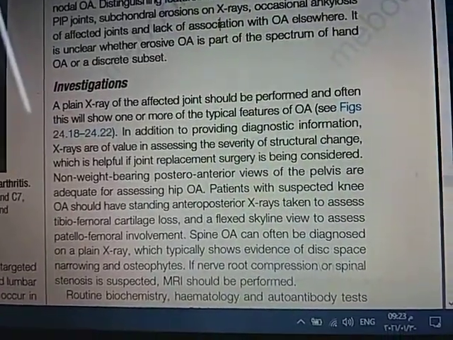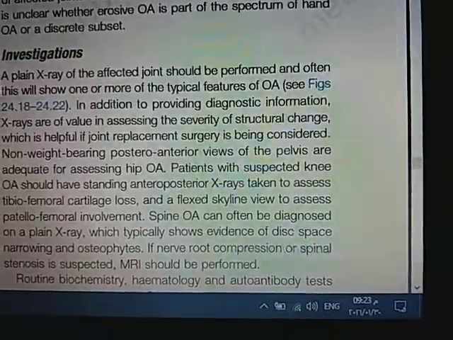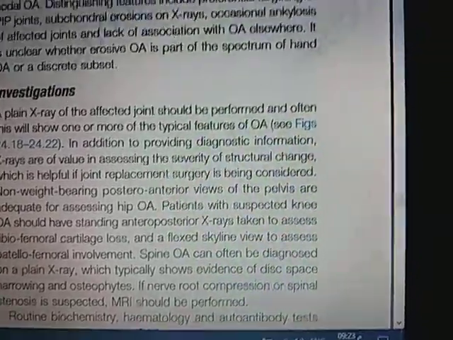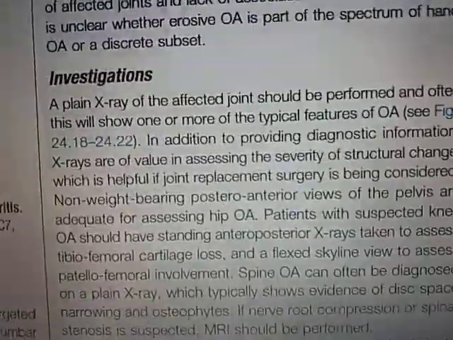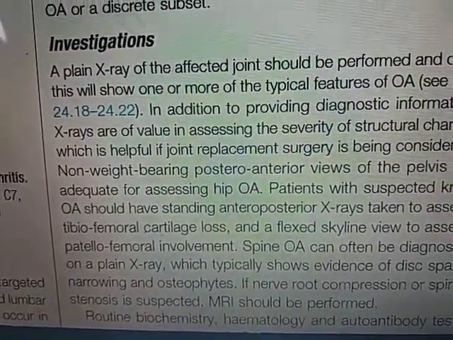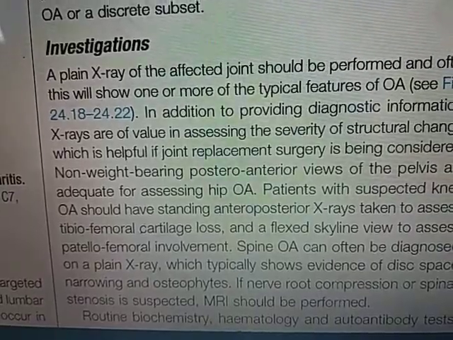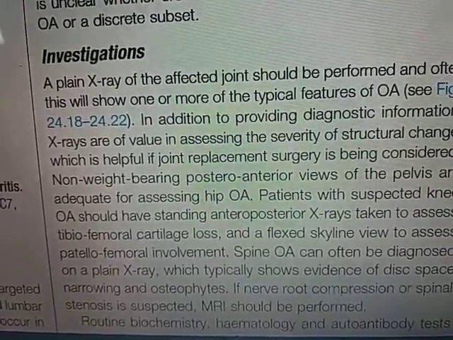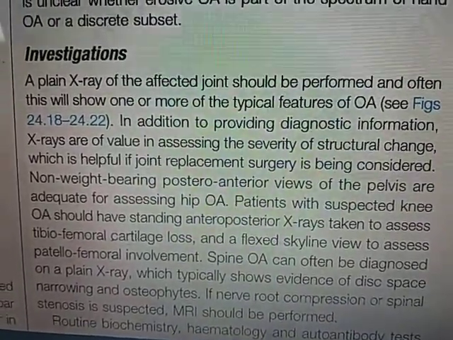Osteoarthritis might affect the lumbar spine or the cervical spine, leading to pain and restriction of movement in the cervical and lumbar spine.